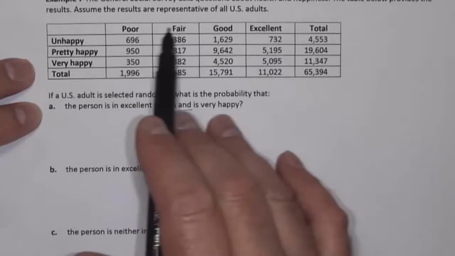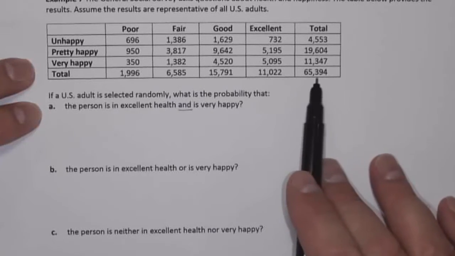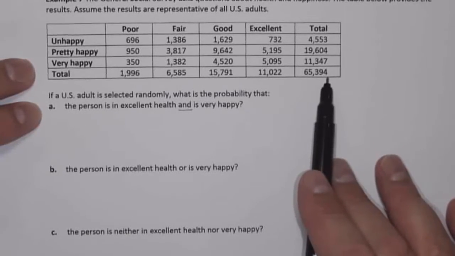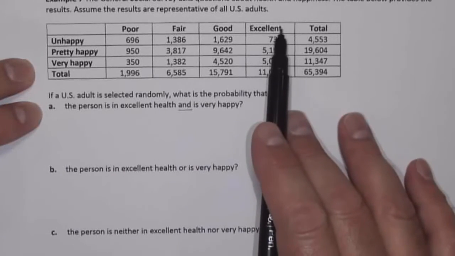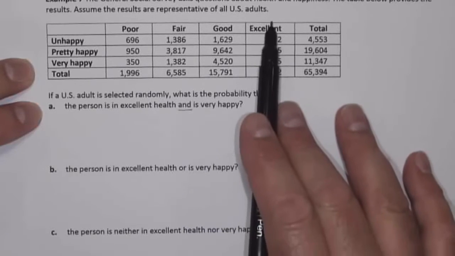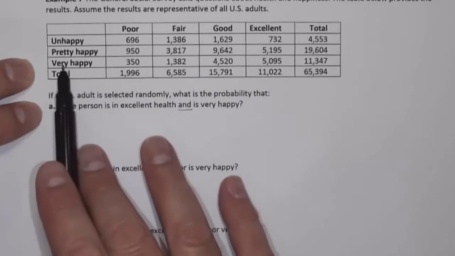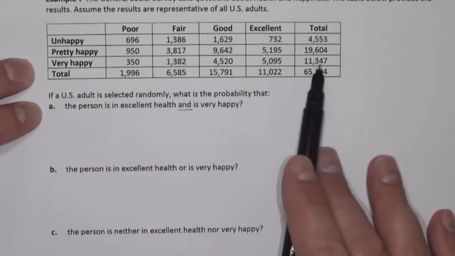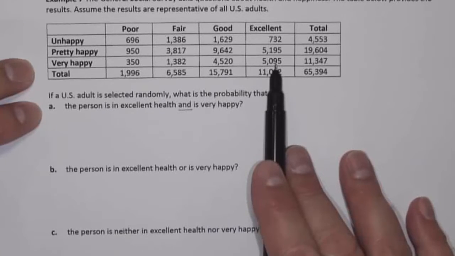Well, altogether in this table, there are 65,394 individuals represented. And if we take a look, we have this column again that's regarding excellent health, and this row is representing very happy. So there are 5,095 individuals in this table that are in excellent health and very happy.